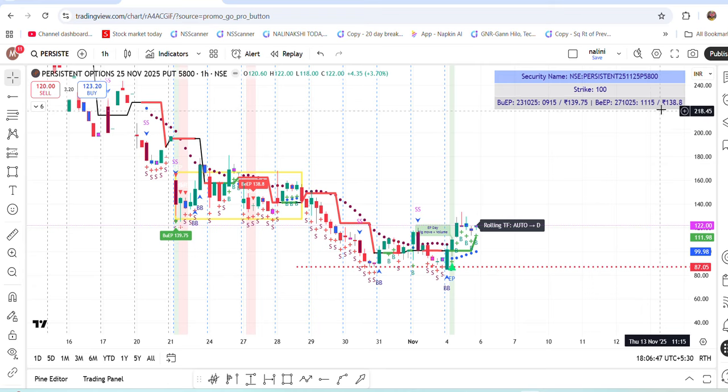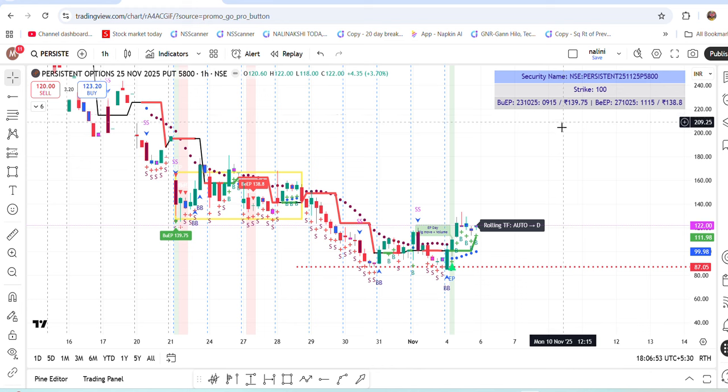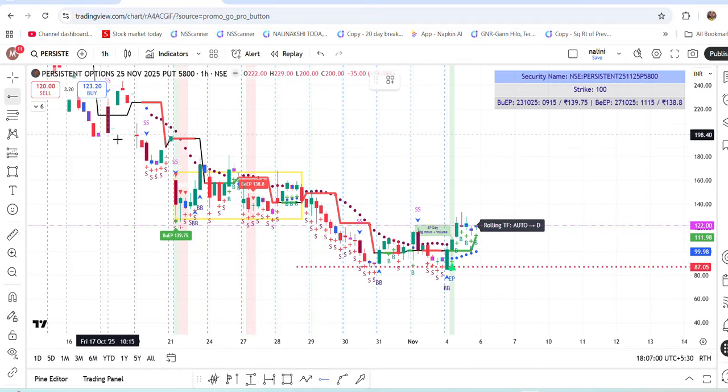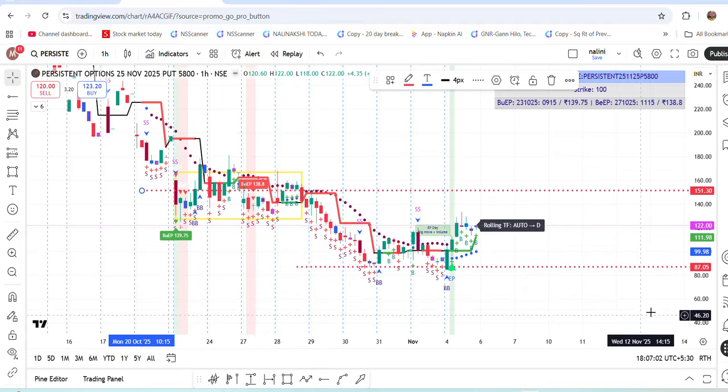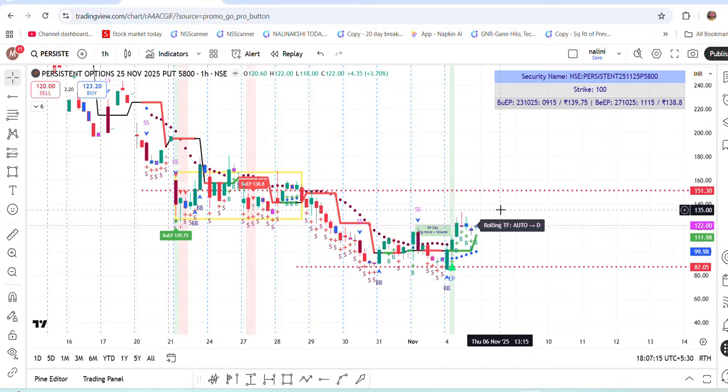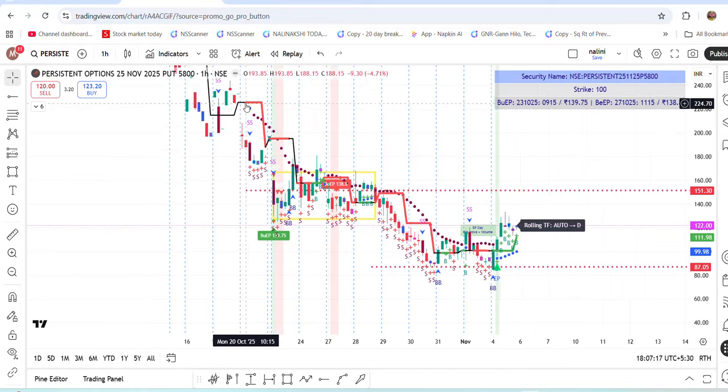It says that 138 is bearish and 139.75 is bullish. So let us mark the 138. This is the level where both bears and bulls are active. So if the market reclaims this level and starts moving above, suppose the underlying starts gapping down, then you will get a huge profit in this.